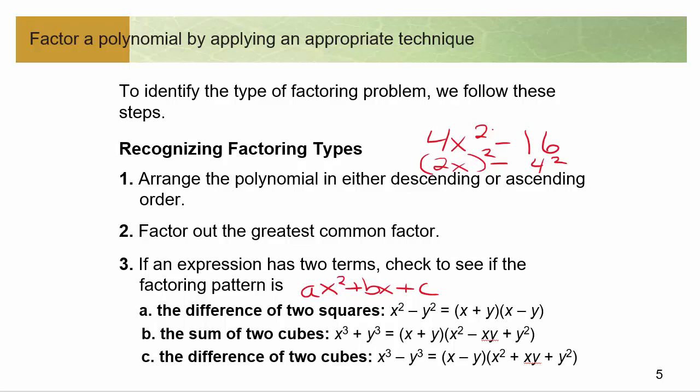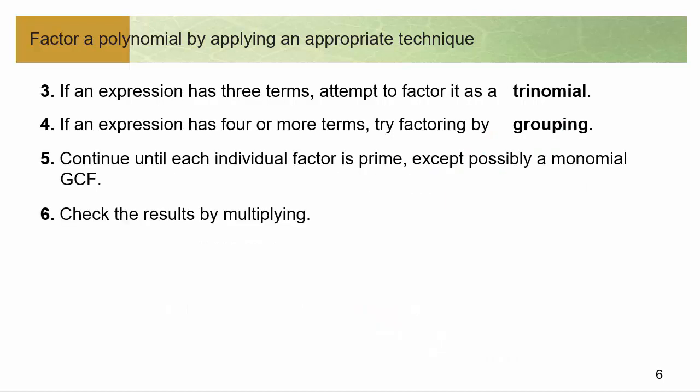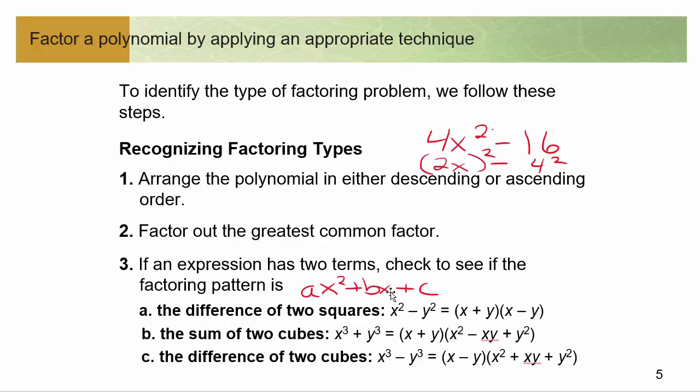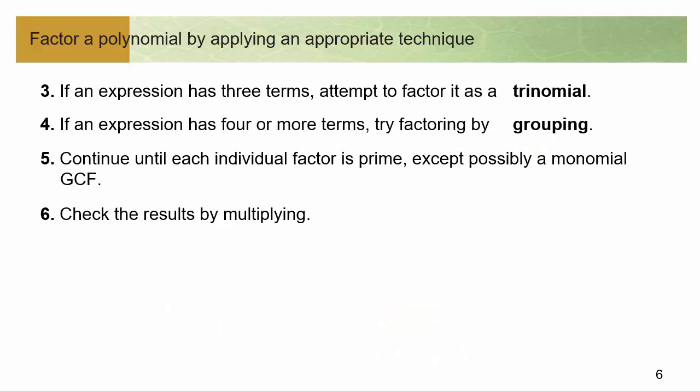Okay, if we don't see any of those, then we're basically left with a couple other tricks. If the expression that we're left with right after we've pulled out a common factor, or if there was no common factor to factor out, has 3 terms, then we try to factor as a trinomial, which really means we're trying the ax squared plus bx plus c thing.